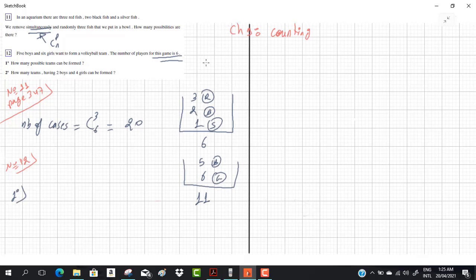He didn't say if the way of selecting is successively or simultaneously. When he doesn't say, we will assume that here it's simultaneously. Why? Because when we talk about persons, when you say Sam and Sami and Ali, or Ali and Sami and Sam, it's the same.